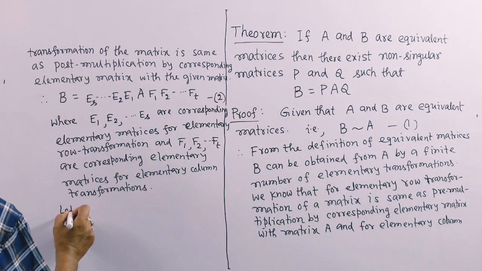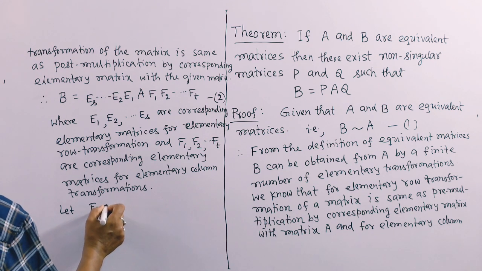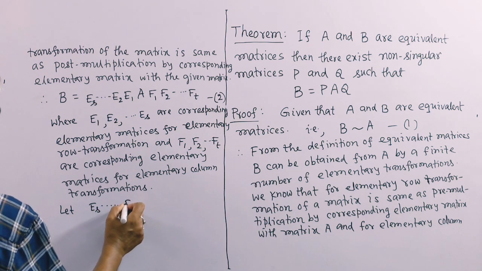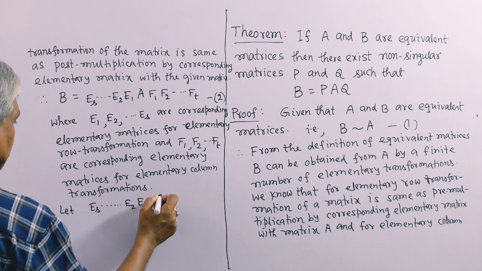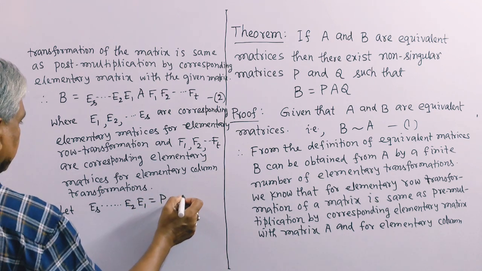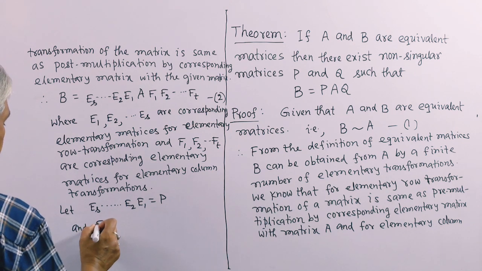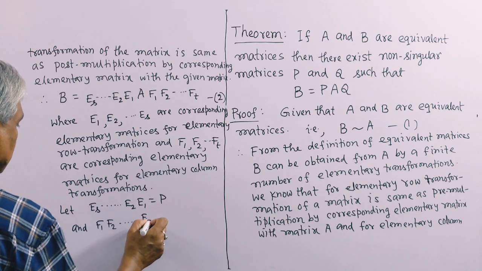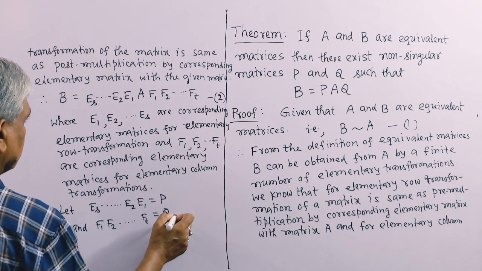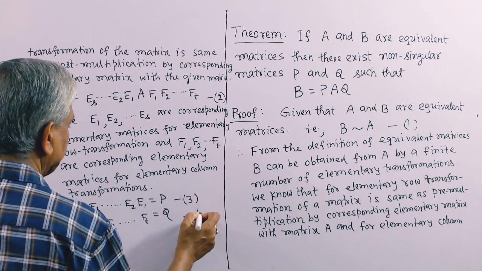Let ES multiplied by E2 multiplied by E1 equal P, and F1 multiplied by F2 multiplied by Ft equal Q. Let this be number 3, this be number 4.